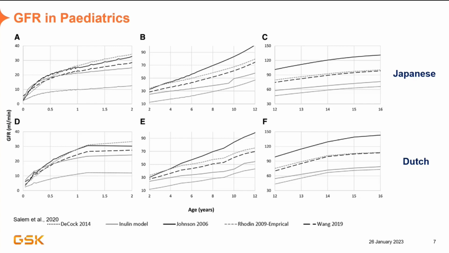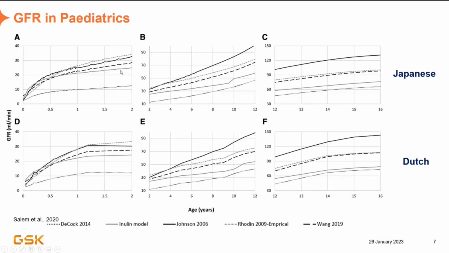Each of these lines on these graphs is showing the different models available in the literature. Different groups have reported models for estimation of GFR, and there are different ontogeny models in here. These are some of them, not all of them, and you can see each of them shows slightly different patterns.